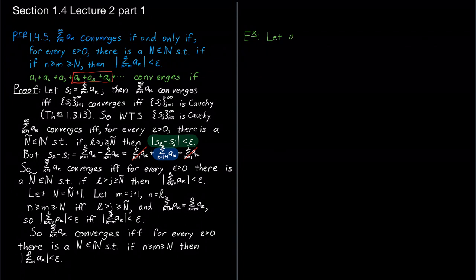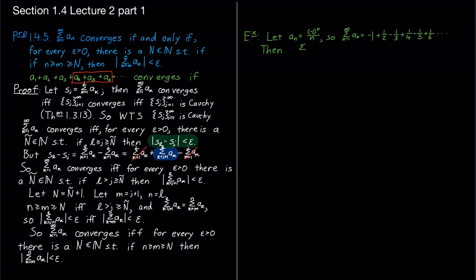Let a sub n be minus 1 to the n over n. So our series is negative 1 plus a half minus a third plus a fourth minus a fifth plus a sixth, and so on. All right, then let's write this down.